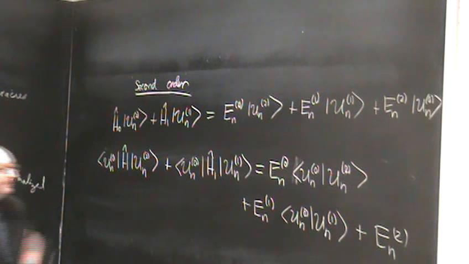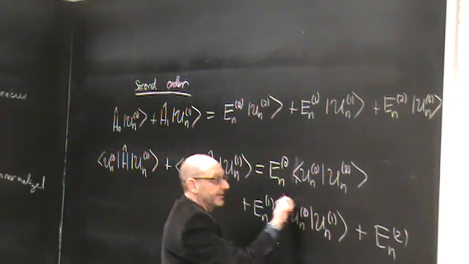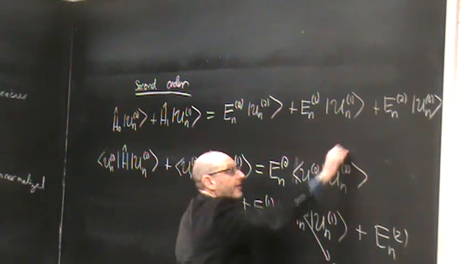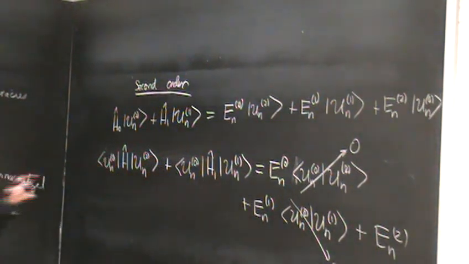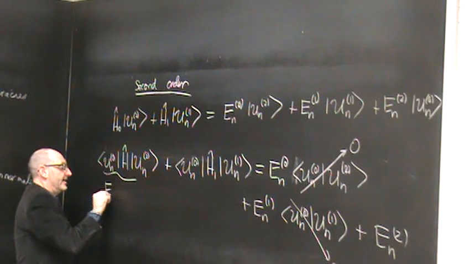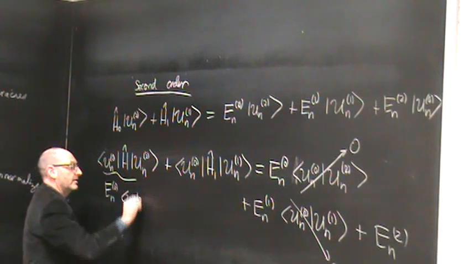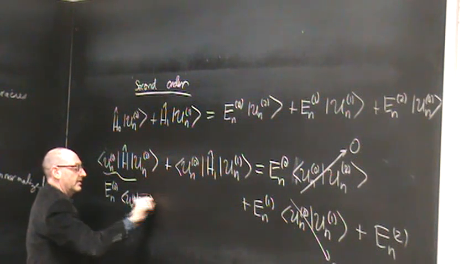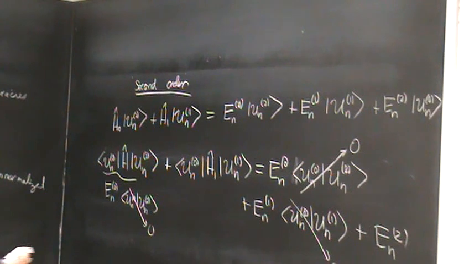So once again, we took this to be orthogonal to this, so that's 0. This is orthogonal to that, that's 0. We do the same trick here. This is En0 times Un0, Un2. So that's 0. And thus, we have the following expression.